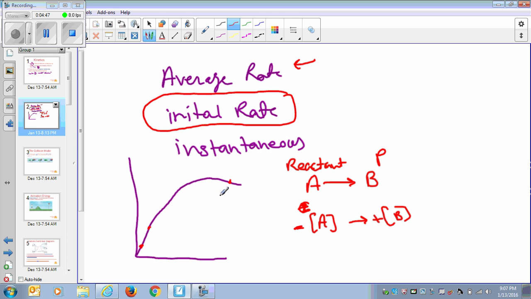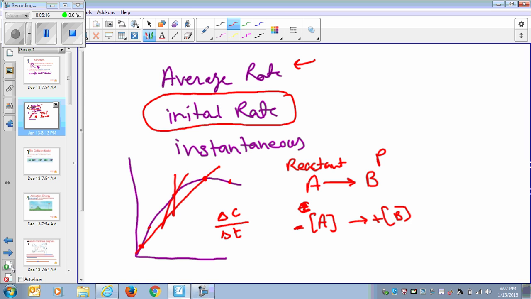We can calculate it by drawing the tangent, or calculating the slope at any point. If I want to calculate the slope at this point, then the difference between these two numbers will be my rate of reaction. This is how we calculate it, using the formula delta C over delta T.